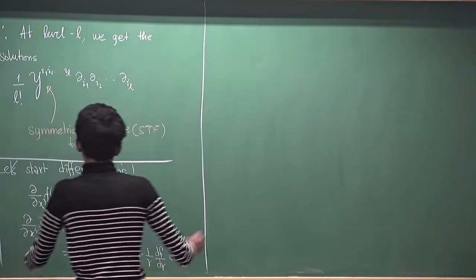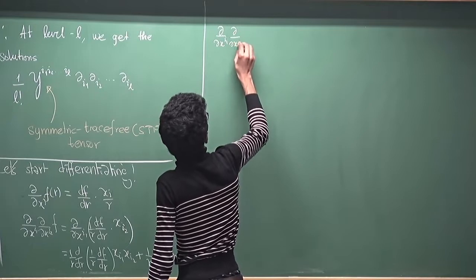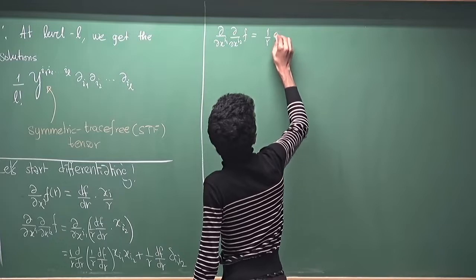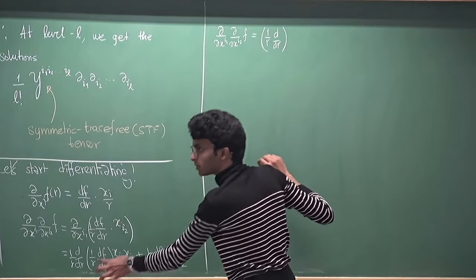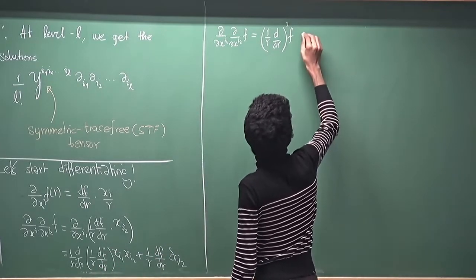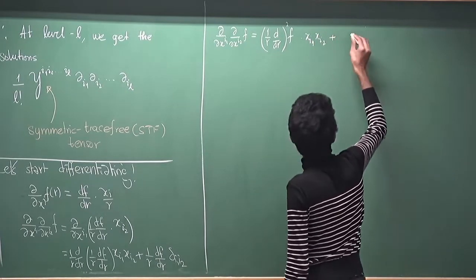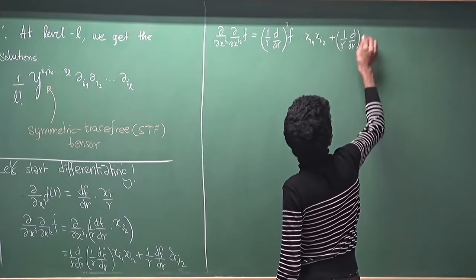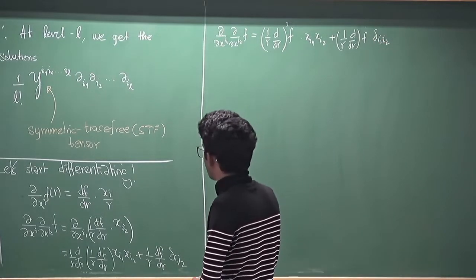Okay. So what we have found is that del x I1 del x I2 on F is equal to 1 over r d/dr acting twice on F, times xi1 xi2, plus 1 over r df over dr times delta I1 I2.